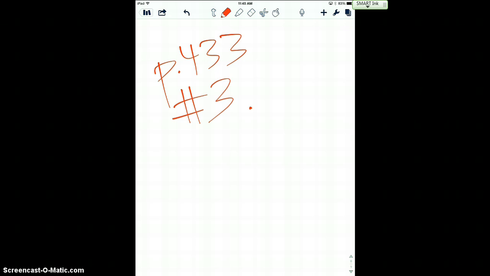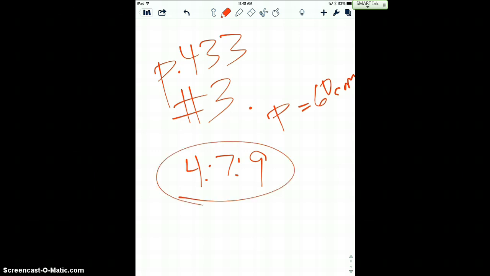Okay. The lengths of the sides of a triangle are in the extended ratio of 4 to 7 to 9. Hopefully you paused the video and tried this. The perimeter is 60 centimeters. What are the lengths of the sides? Okay, are the lengths going to be 4 centimeters, 7 centimeters, and 9 centimeters? Well, if I add those together, am I at 60?